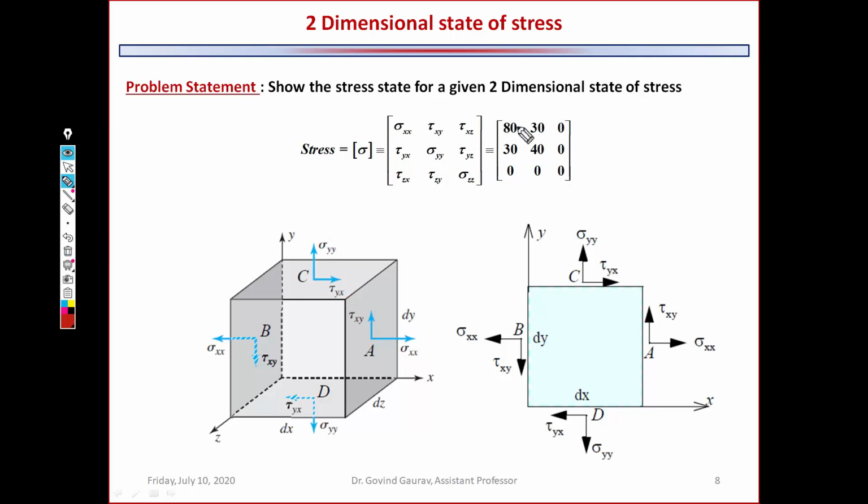Here the value of sigma xx is 80. Tau xy is the shearing stress acting on the x plane directed in the y direction. This value is 30. Again, the forces acting on the y plane: the shearing stress is tau yx, where y represents the direction of the plane normal and x represents the direction of the stress. It is 30, and the normal stress, represented by sigma yy, is 40.